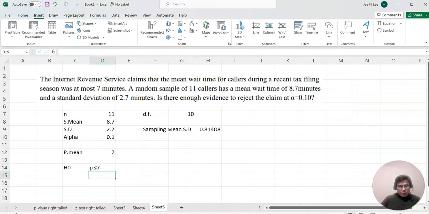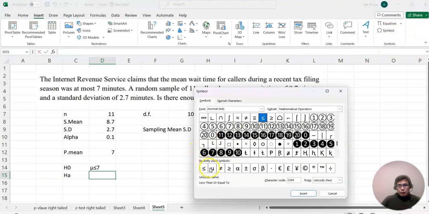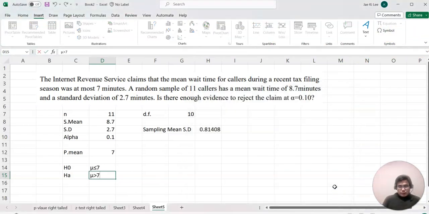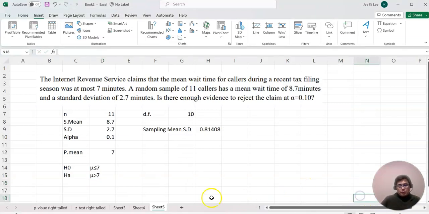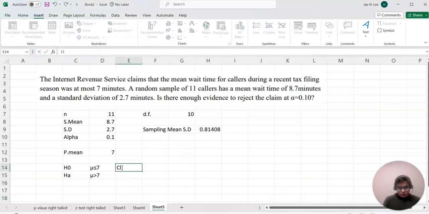Then HA: mu is bigger than 7 minutes, like that. And the claim is located in H0.